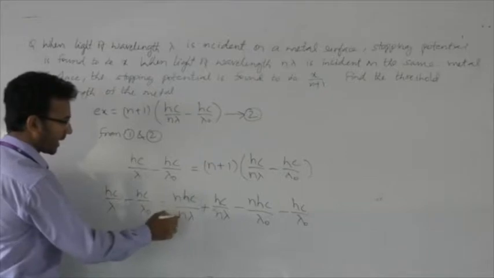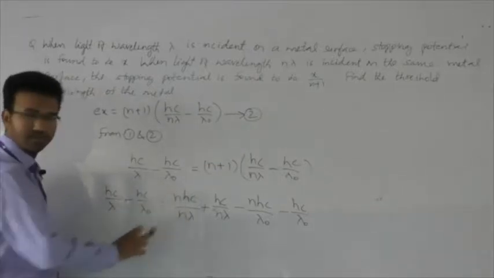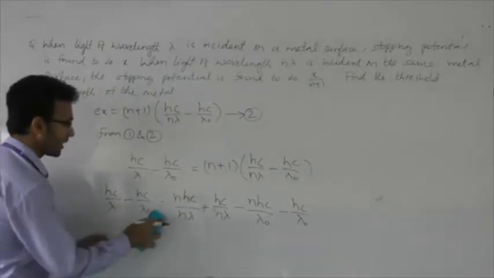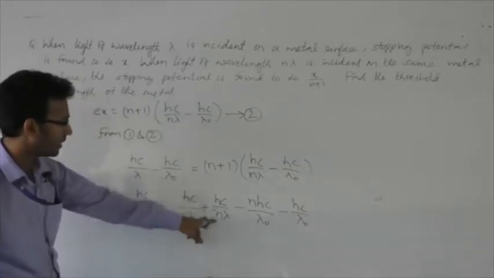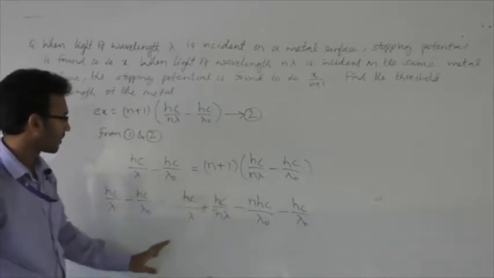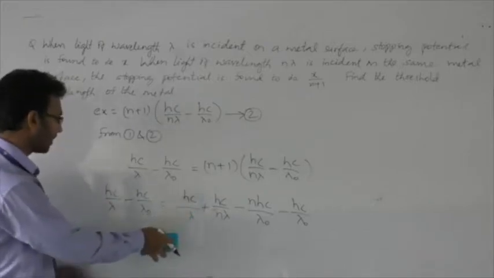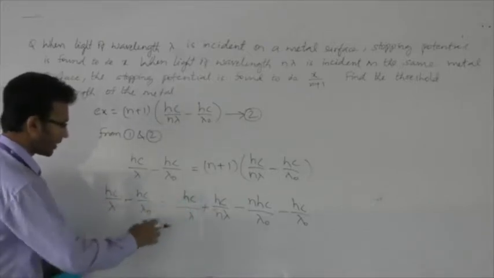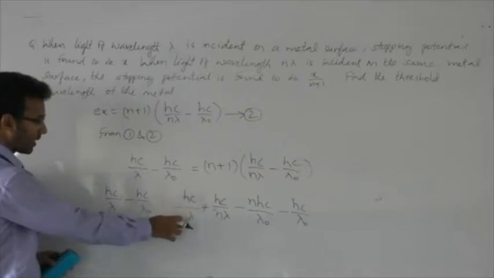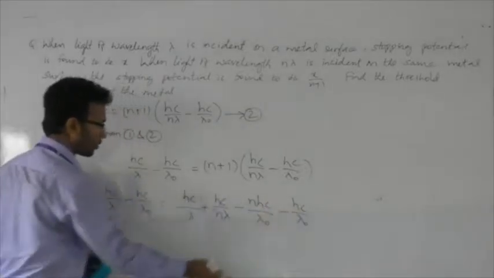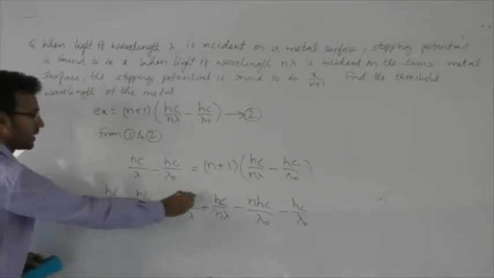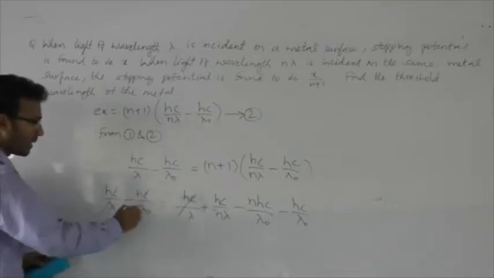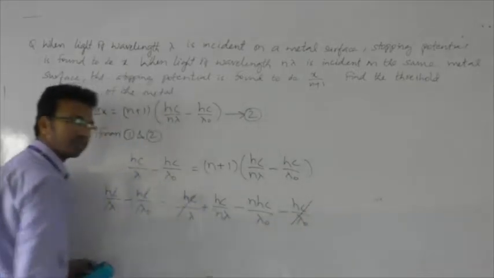Now nhc by n lambda, I can cancel these two n's, right? So the n's cancel. Any other cancellations? Now if you see this hc by lambda here and minus hc by lambda naught, you have the same hc by lambda minus hc by lambda naught. So I can cancel this and this, minus hc by lambda naught minus hc by lambda naught.